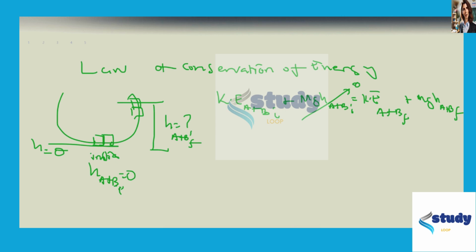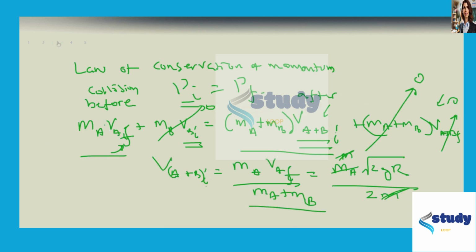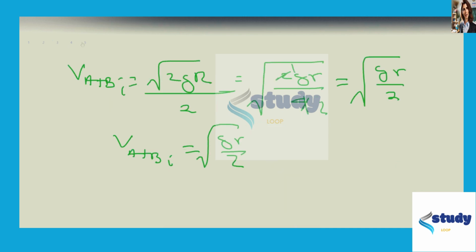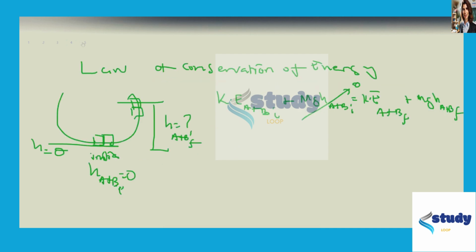When they stick together, we're going to compute the initial kinetic energy. So going back, just before they stick together, we do have the initial velocity, so we can get the initial kinetic energy.